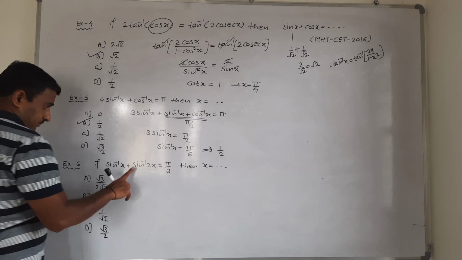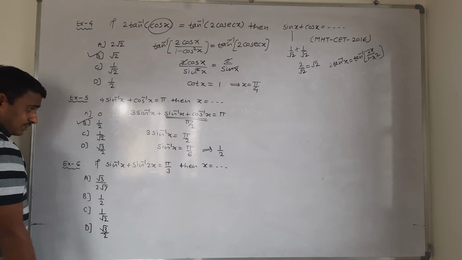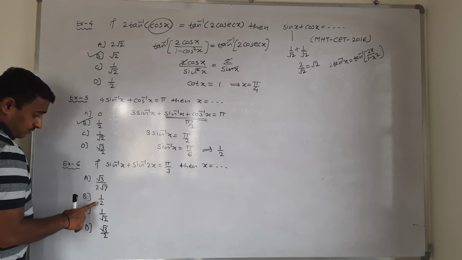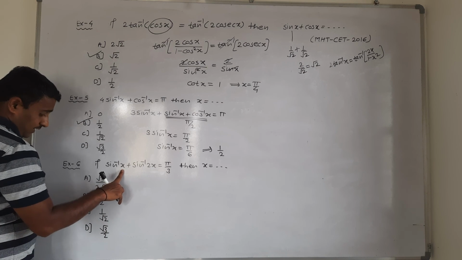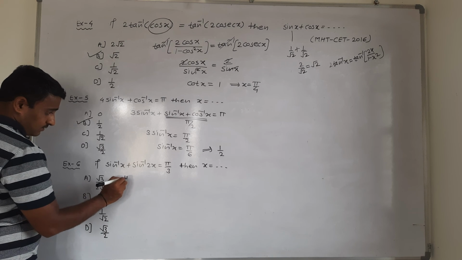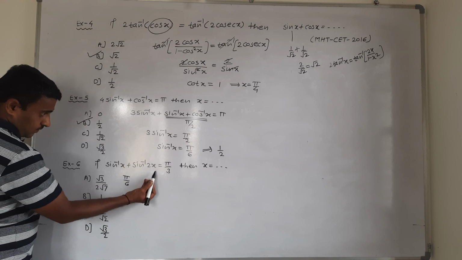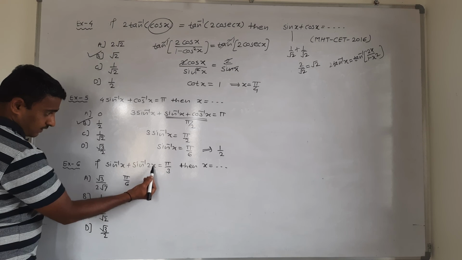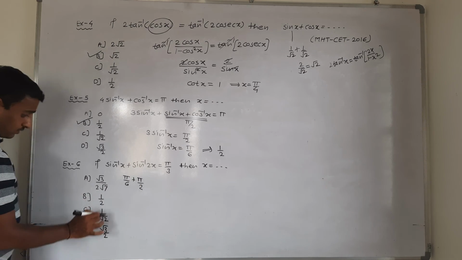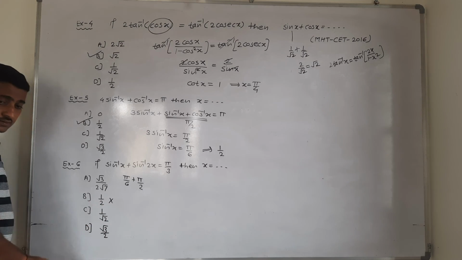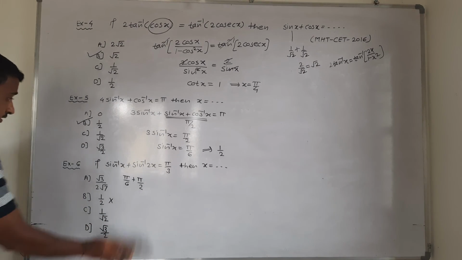Now we can find this by trial and error also. If x equal to 1 by 2, sin inverse 1 by 2 is pi by 6, and 2x is 1, sin inverse 1 is pi by 2, therefore pi by 2 plus pi by 6 is not pi by 3, so 1 by 2 is not the option.